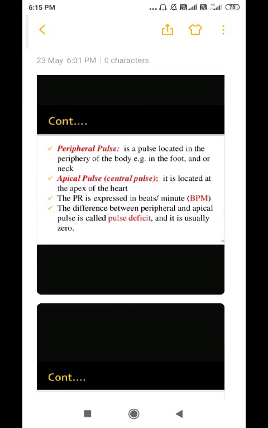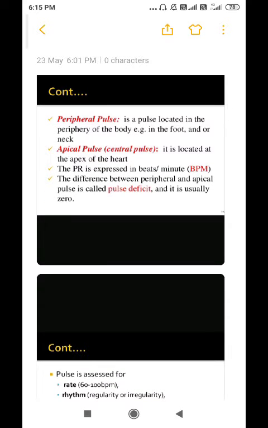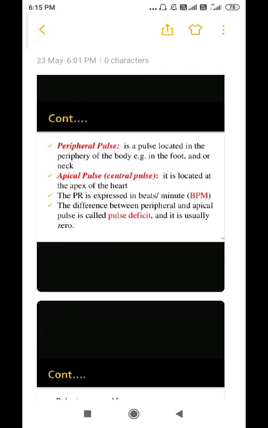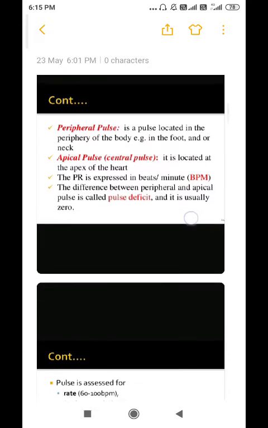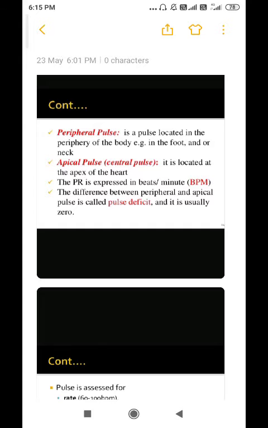A peripheral pulse is a pulse located in the periphery of the body, for example in our body, the foot and the neck. The next one is the apical pulse. This is called the central pulse, and it is located at the apex of the heart.